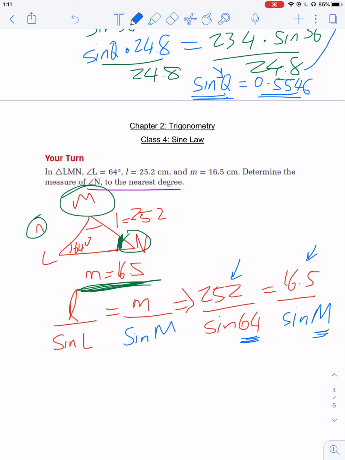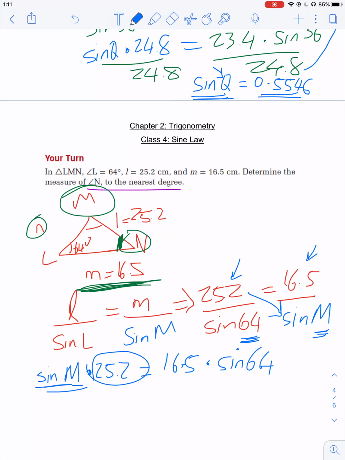Okay, so let's multiply this out. If I multiply this, I'm going to get sine of m times 25.2 is equal to 16.5 times sine of 64, okay? And then I need to solve for sine of m. That means I need to get rid of this guy.